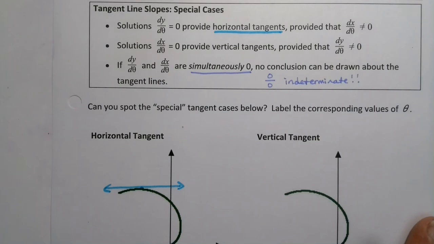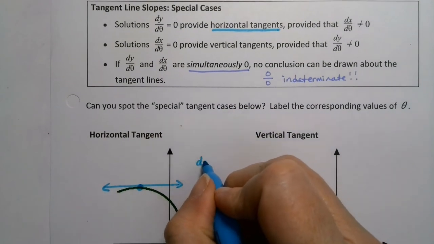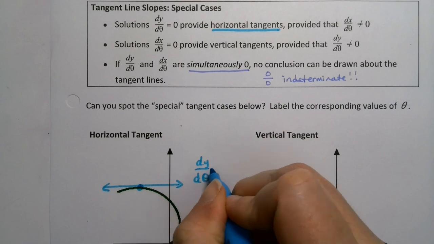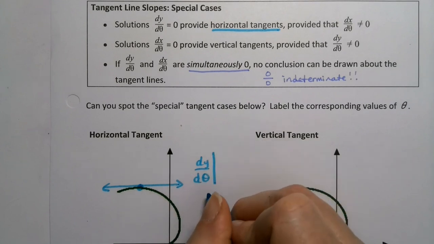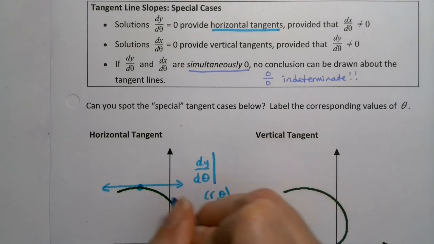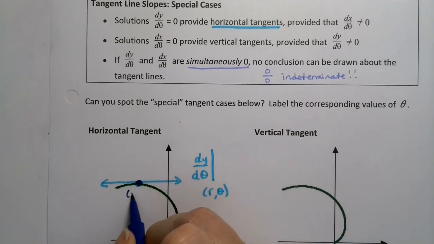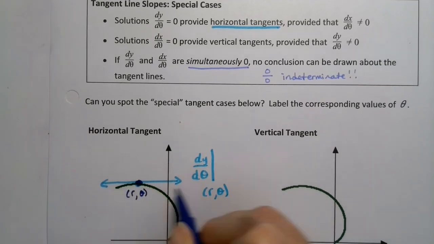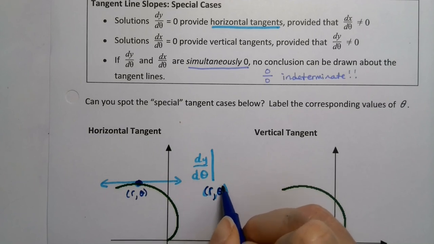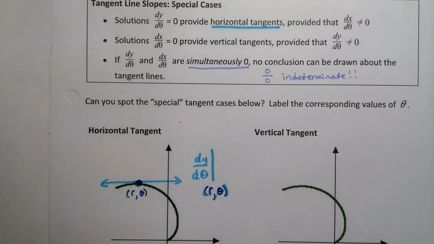A horizontal tangent would be right there, right? So the dy d theta at that spot, r comma theta, right? That's that point here. That point right there, r theta, would be equal to 0.